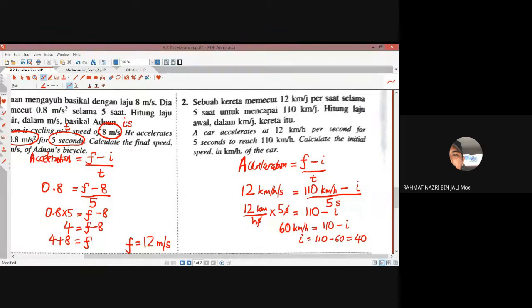So the answer is 40, not 40, 50. 110 minus 60 is 50. Sorry, 50. 110 minus 60 is 50. So we have the answer, 50 kilometer per hour.